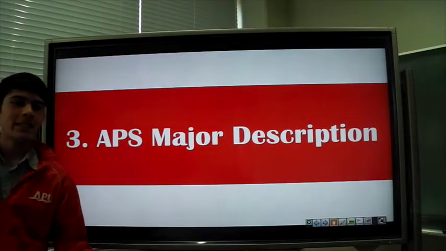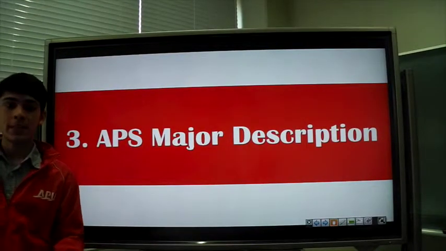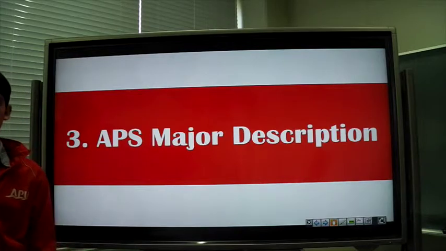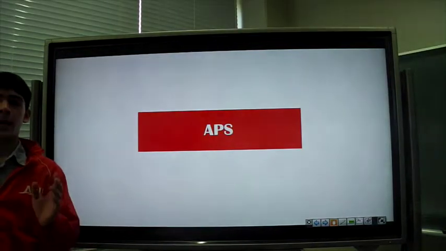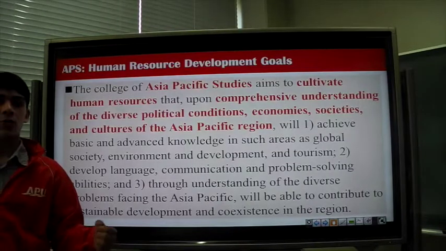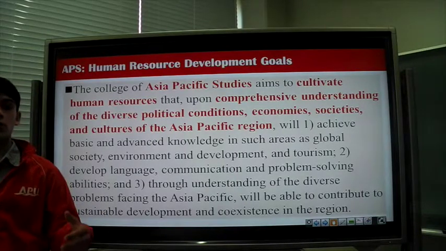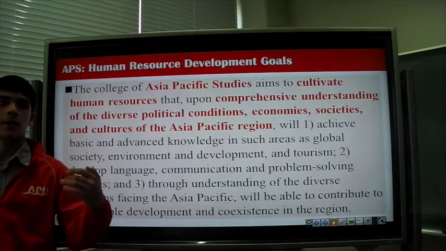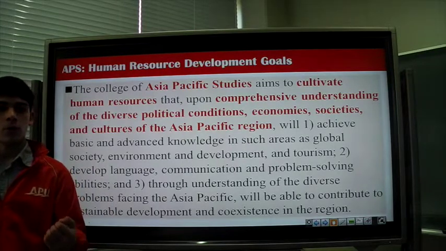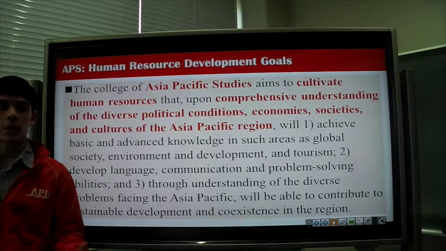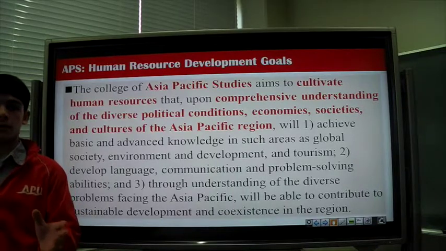Okay, now it's the most important part of our presentation, which is about the APS major description. So first, what's the APS? APS is the College of Asia-Pacific Studies, which aims to cultivate human resources with a comprehensive understanding of the diverse social conditions, economies, societies, and cultures of the Asia-Pacific region.